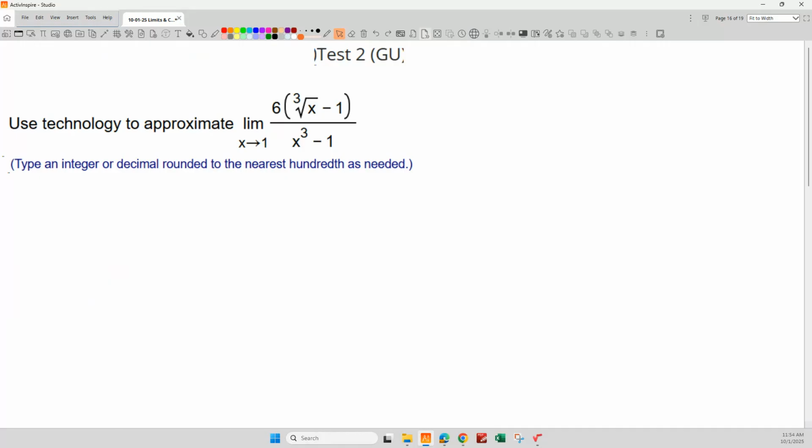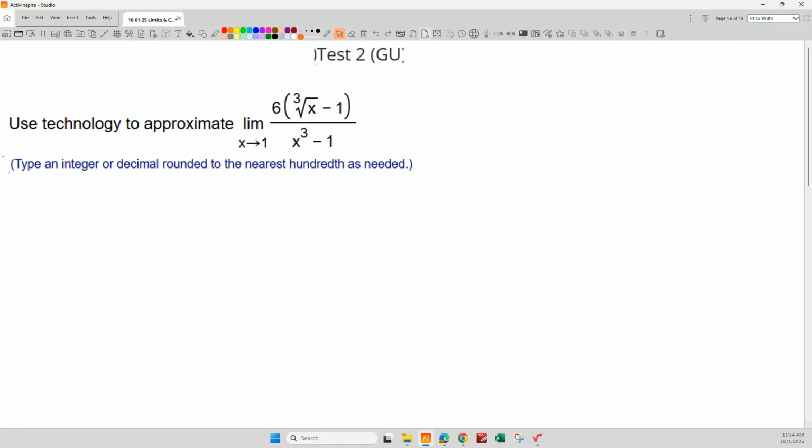You could also just probably do what here? I mean, yeah, with technology, you wouldn't even really have to make a table, would you? You could just evaluate this function by plugging in a value like 0.9999999 and get a decimal answer, right? Plug in a value like 1.000001, get an answer, and you're going to see that they're going to agree, aren't they?